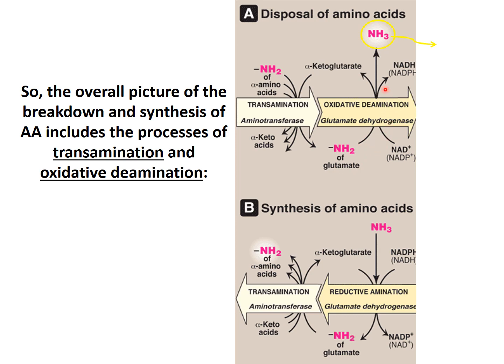Glutamate then can be deaminated and produce ammonia, which needs to go to the urea cycle. When we synthesize amino acids, these systems are working in the opposite direction. Ammonia and alpha-ketoglutarate will produce glutamate, and glutamate through transaminases and using other transaminases also can produce amino acids. Very smart system.